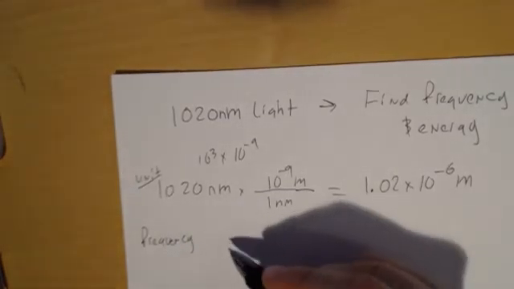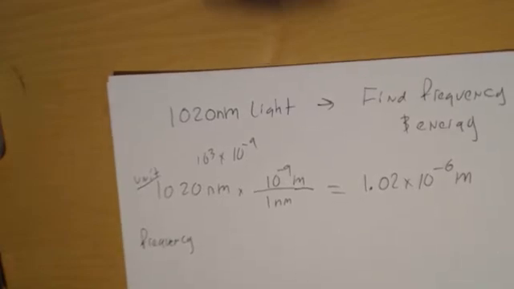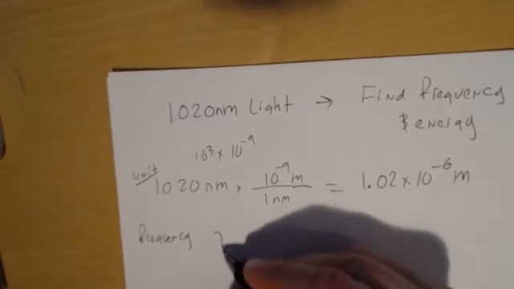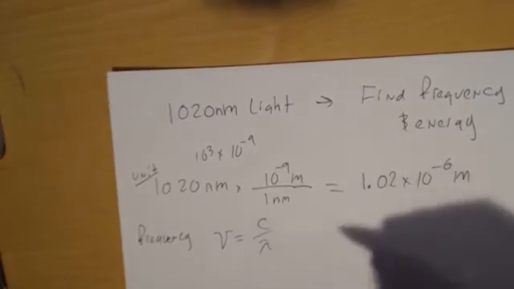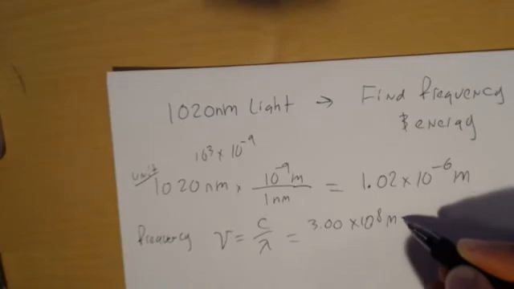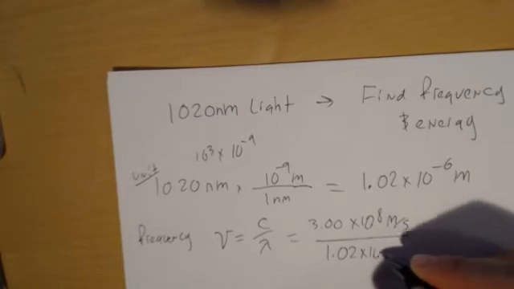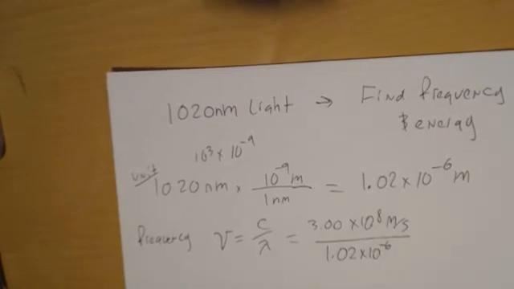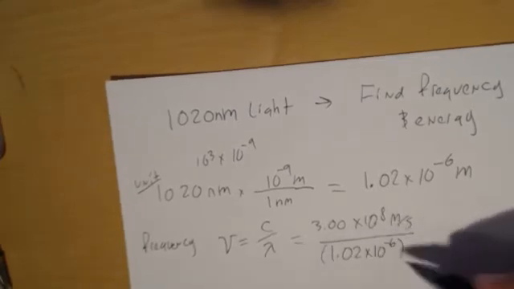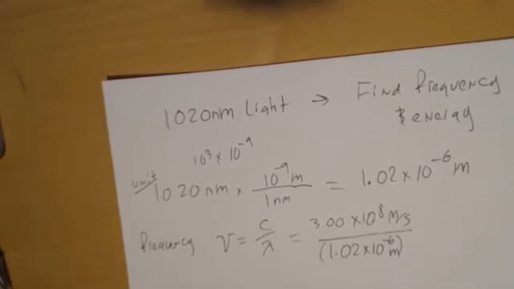So the frequency nu is equal to c divided by lambda, which will be equal to 3.00 times 10 to the 8 meters per second divided by 1.02 times 10 to the minus 6 meters. I'll put this one in parentheses, right? So the meters cancel with the meters, and you get per seconds.